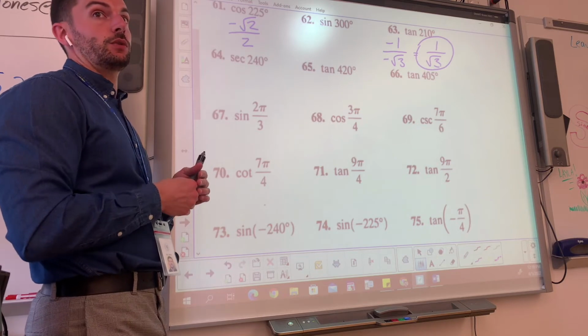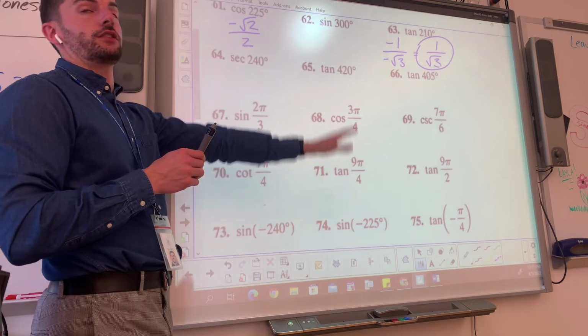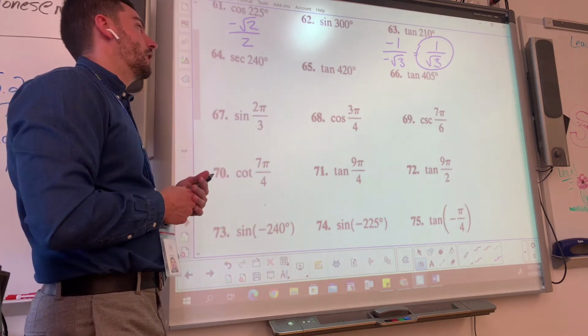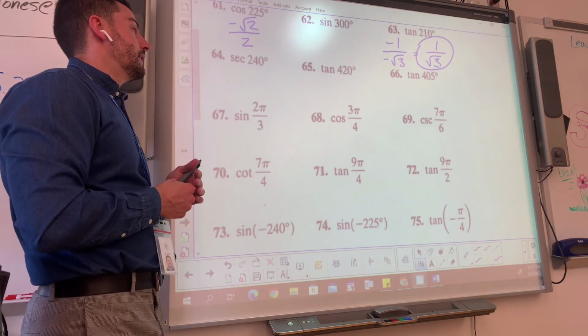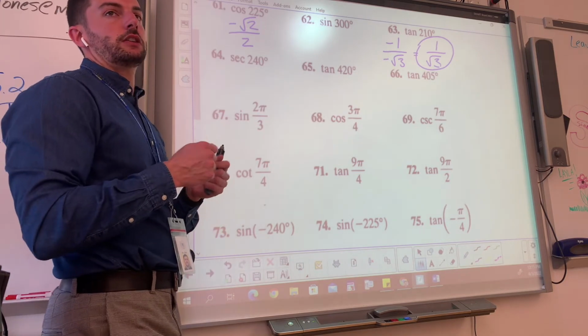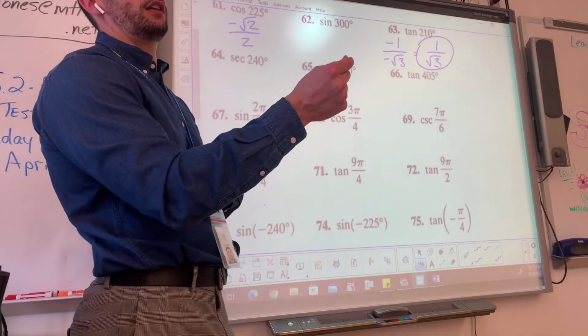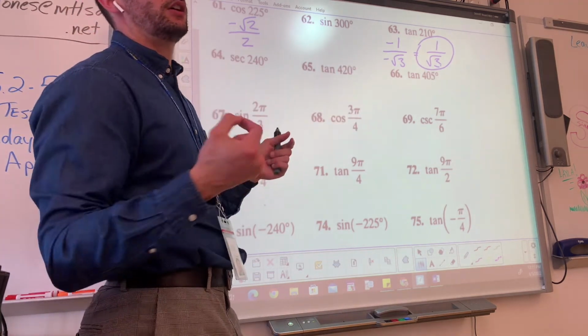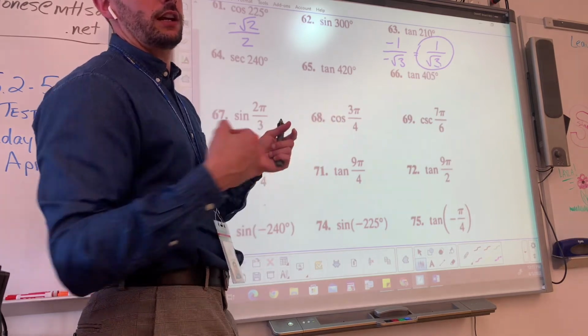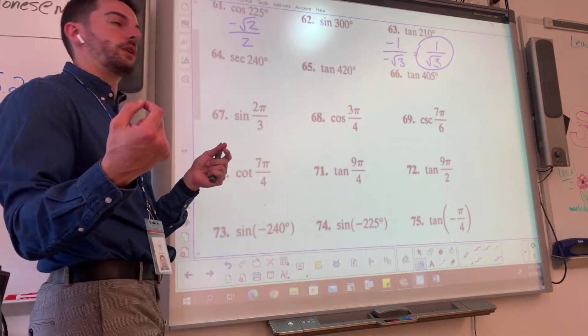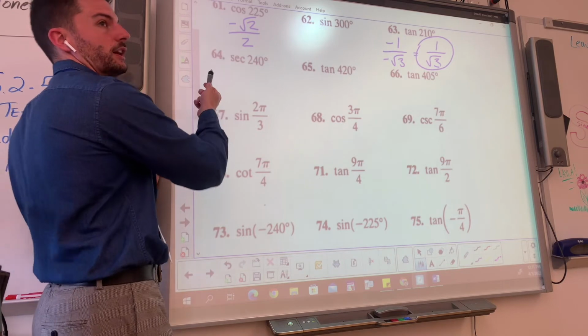Secant, we're dealing with one of our uncommon inverse trig functions, right? Those other 3. It's still going to be the same process, okay? Just we have to think, what is the secant the inverse of? What original trig function does that connect with? Cosine, right? And so we want to do the same process with cosine.